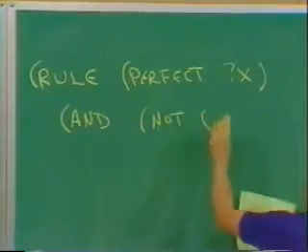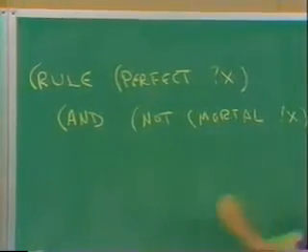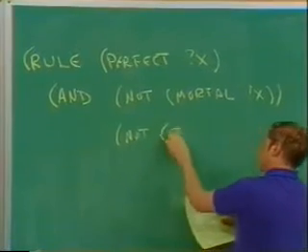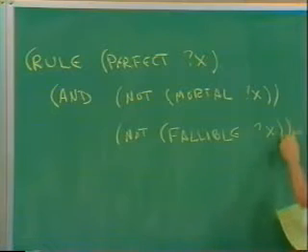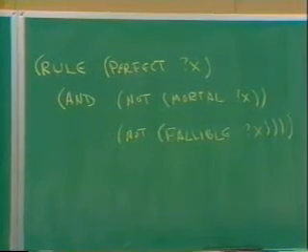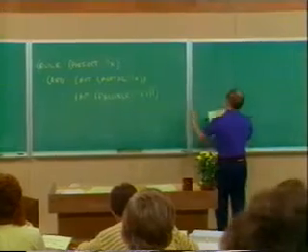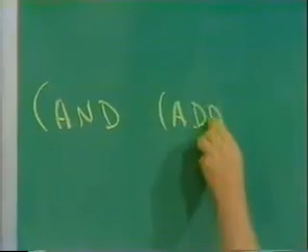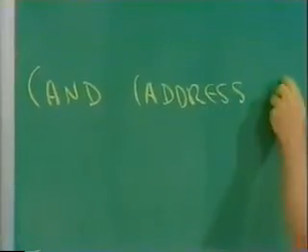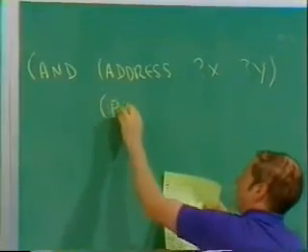So, and not mortal X, not fallible X. Right, so we'll define the system to teach it what a perfect being is. And now what we're going to do is ask for the address of all the perfect beings. So, and the address of X is Y, and X is perfect.